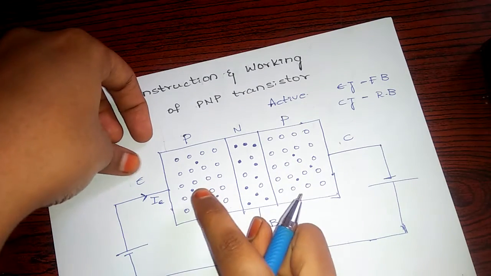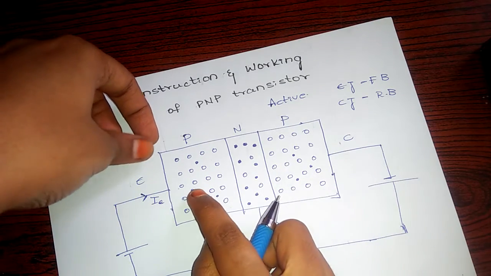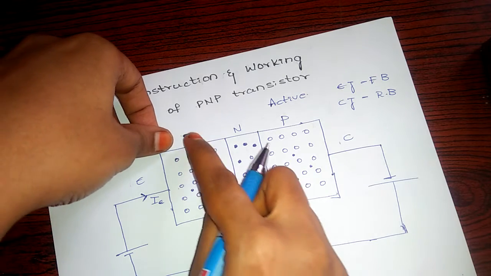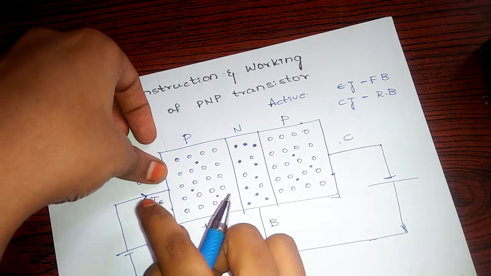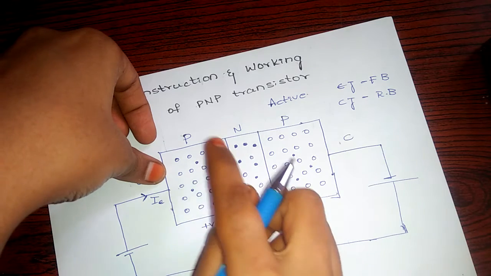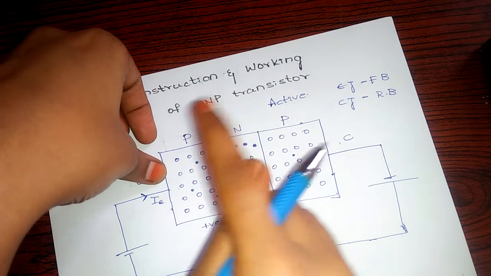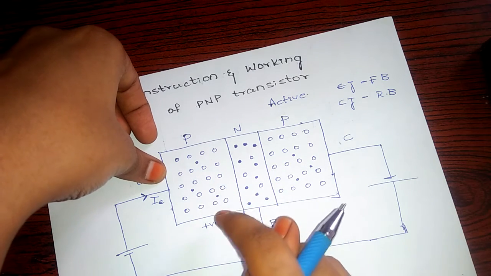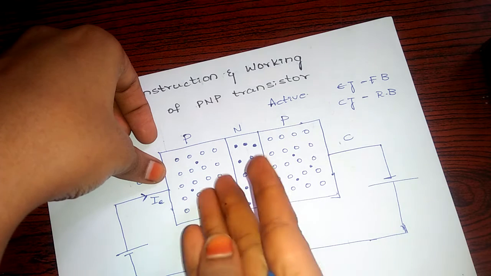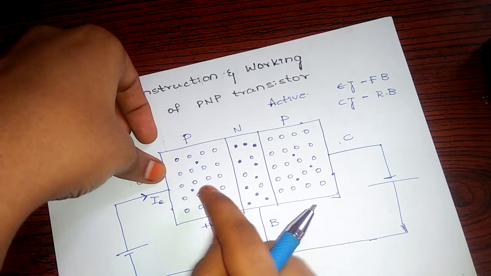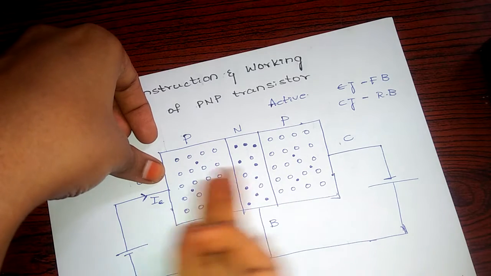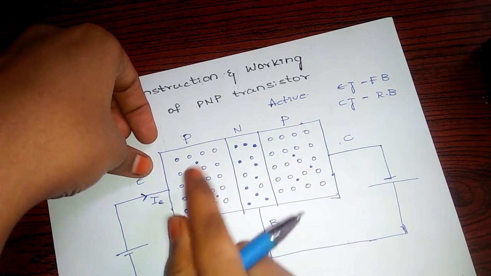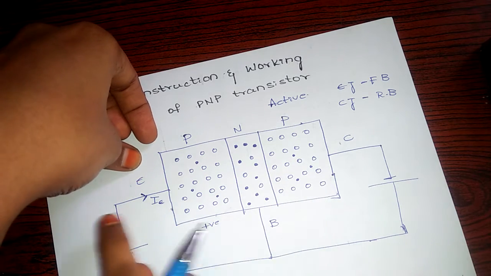Of course, if you think about these directions for the electrons, but here we are talking about the P and P semiconductor materials. So the current will be constituted by the majority charge carriers. What are the majority charge carriers here? Holes. Then how are the holes moving in these regions? In this way, so the emitter current will be in this direction.